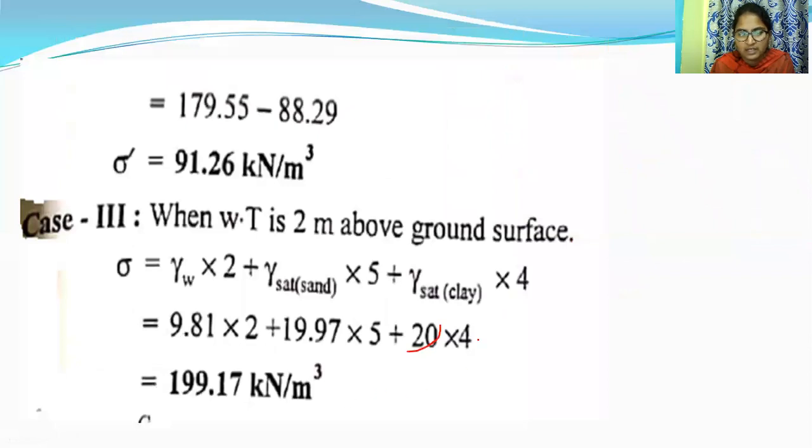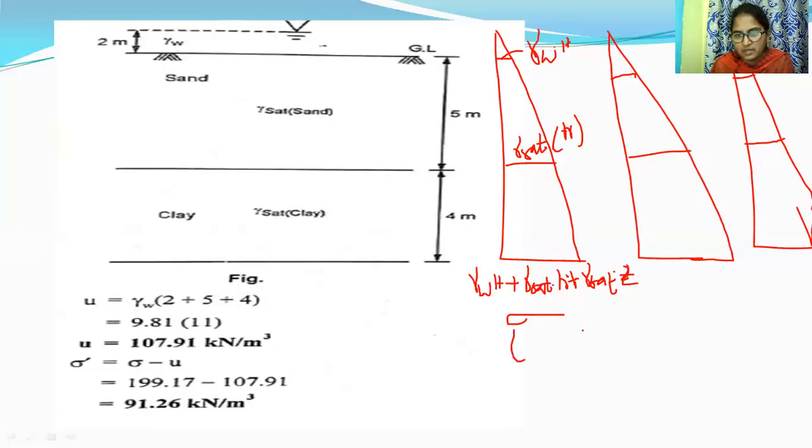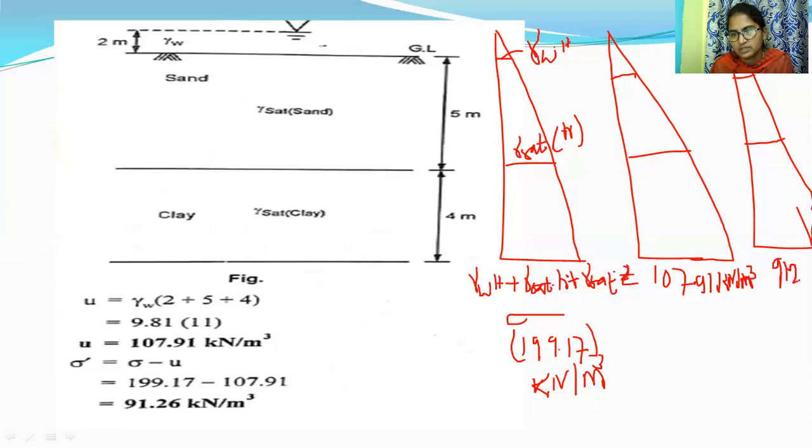Finally you can write the values here. Total stress sigma is equal to 199.17 kilonewton per meter cube, neutral stress is equal to 107.91 kilonewton per meter cube, and finally effective stress is equal to 91.26 kilonewton per meter cube.